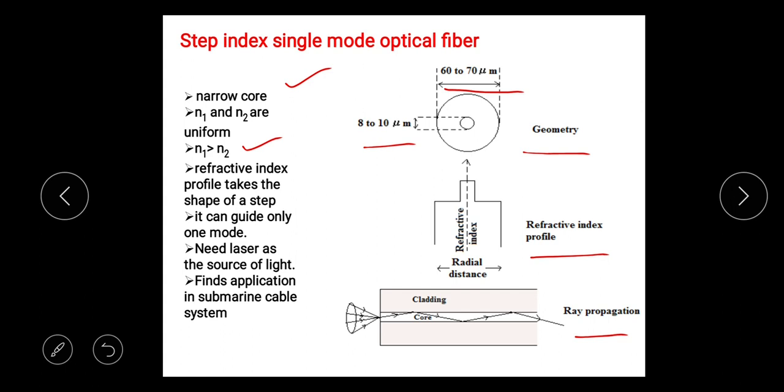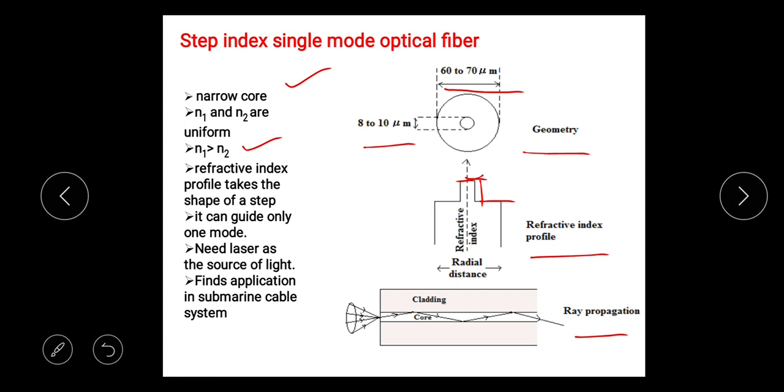Refractive index profile takes the shape of a step. Because of these two factors, N1 being greater than N2 and both being uniform, we get a flat region in the refractive index profile. See, this is the region where N1 is constant and this is the region where N2 is constant. This step indicates that N1 is greater than N2.